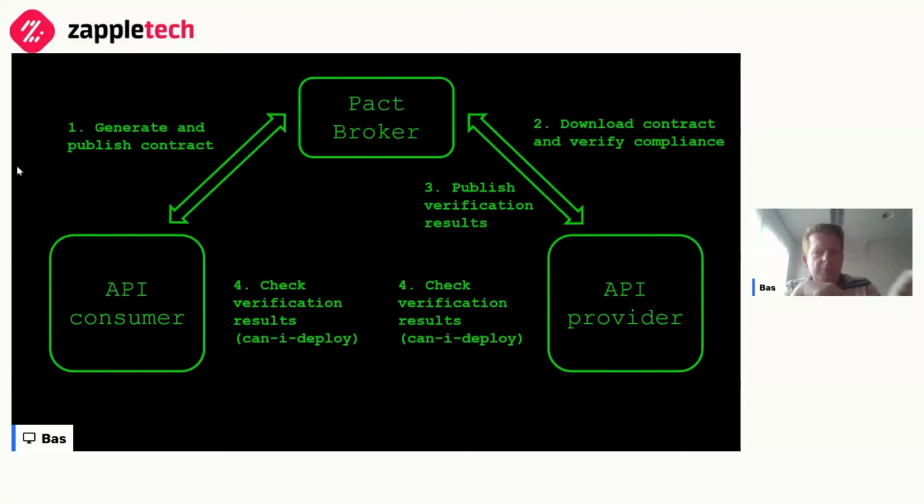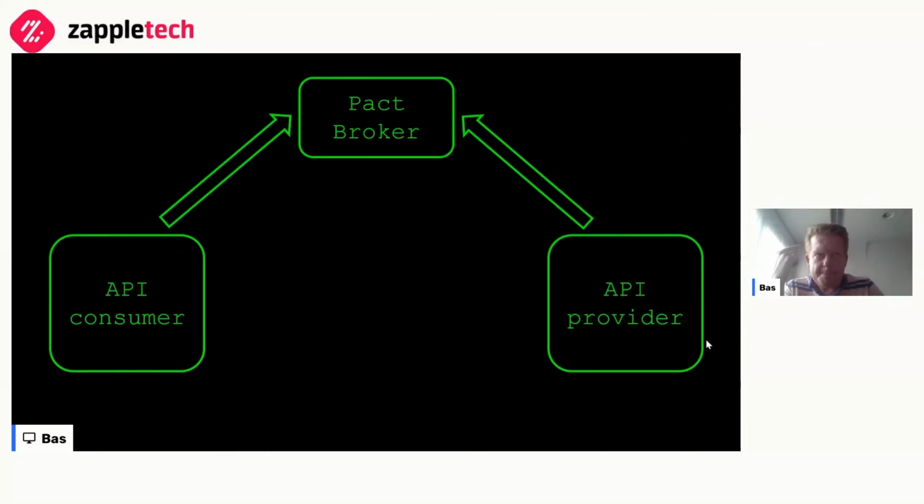So this is the flow that we've just seen. The consumer is in charge, generates the contract, gives that to the provider, which shows whether or not it's able to meet the expectations in the contract, and then both can check, can I deploy? The bidirectional approach to contract testing is a little bit different.